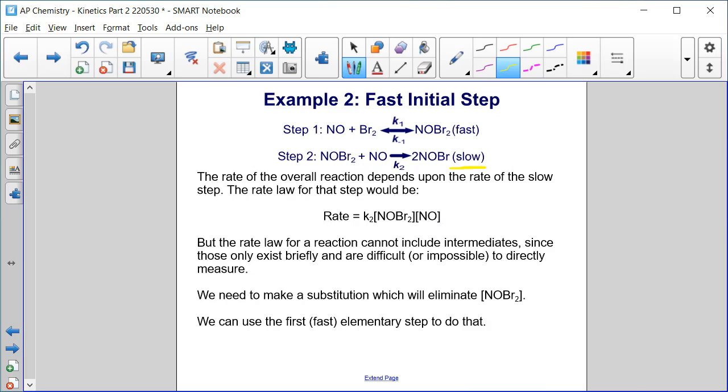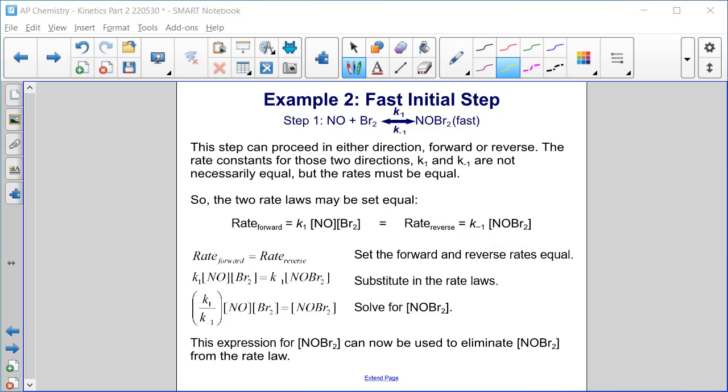But the rate law for a reaction cannot include intermediates, since those only exist briefly and are difficult or impossible to directly measure. We need to make a substitution which will eliminate NOBr2. We can use the first fast elementary step to do that.